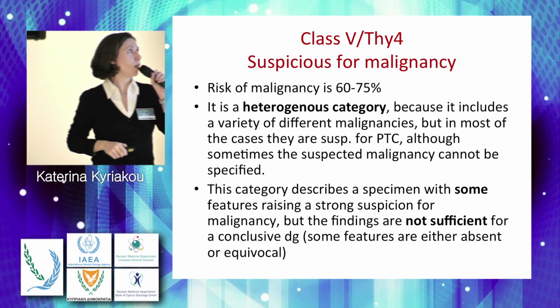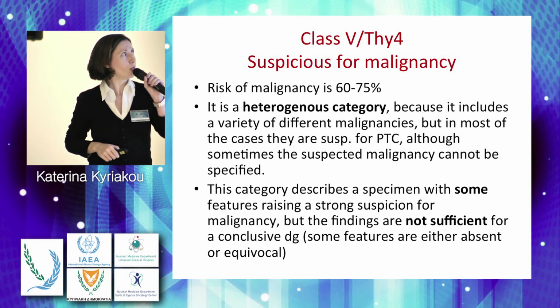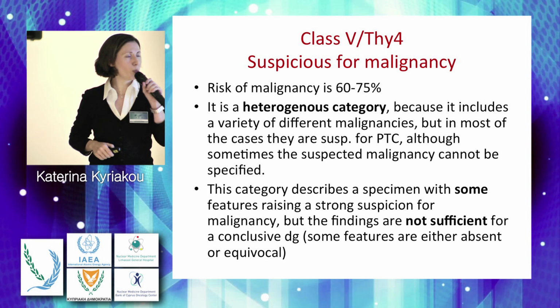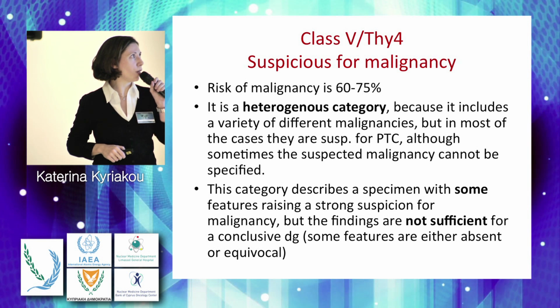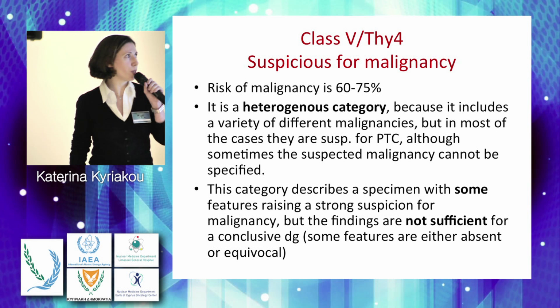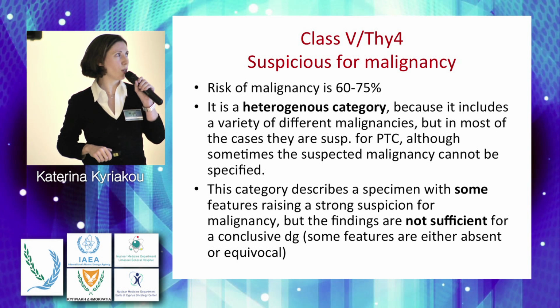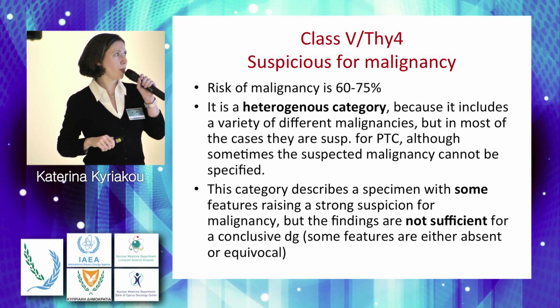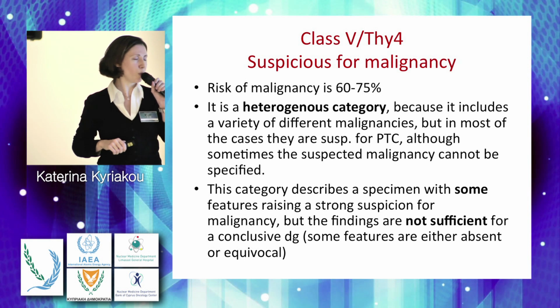The next is the class 5 or Thy4 of the British Association. It is the suspicious for malignancy category. The risk of malignancy is 60 to 75%, and it is a heterogeneous category. But in most cases, we have the suspicion for papillary thyroid carcinoma.